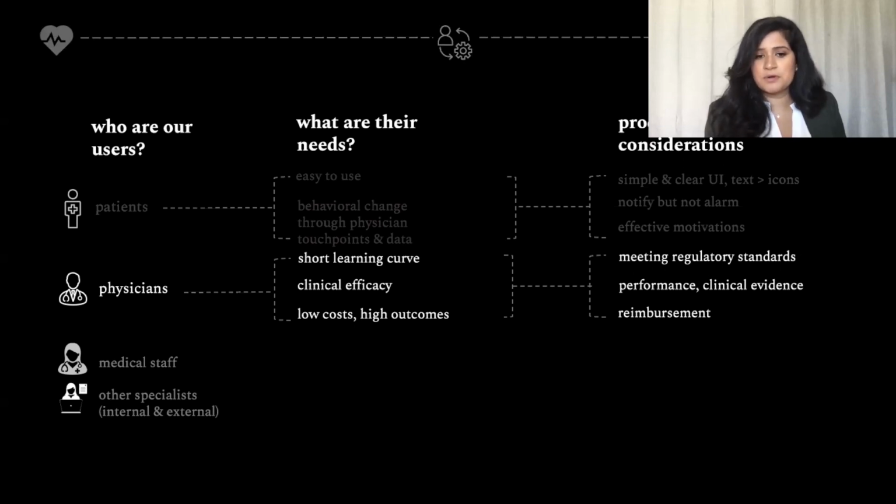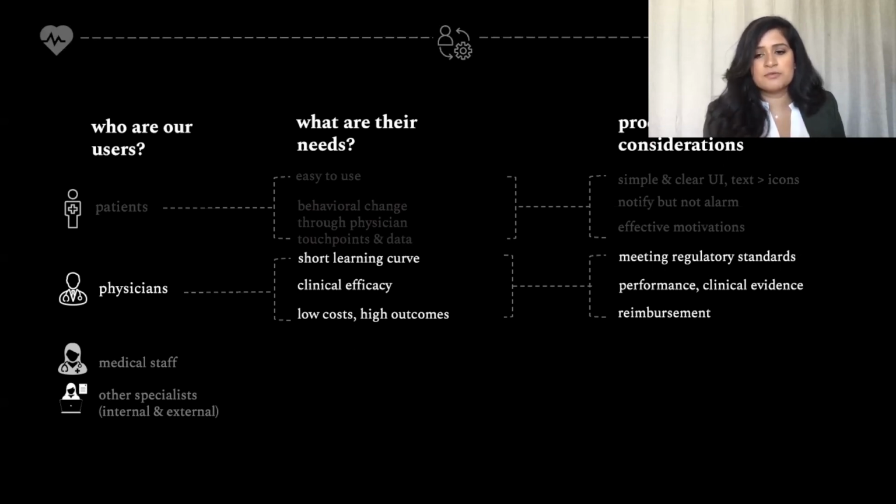You also want to create products that have a high amount of clinical efficacy, because think about a physician and why they might be subscribing to your product. Maybe because they want more insights, or maybe because you have better algorithms that can do better detections than a traditional product that they're already using.